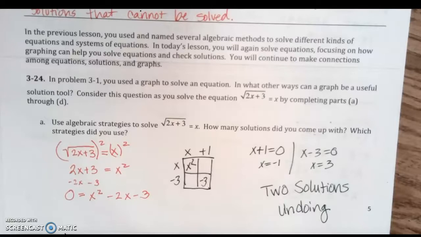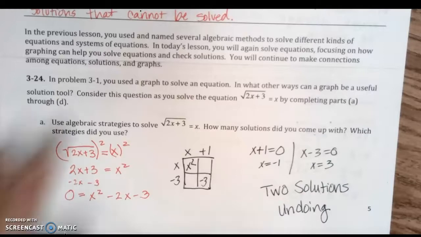So the first thing they want us to do is use algebraic strategies to solve that equation, square root of 2x plus 3 equals x. How many solutions did you come up with, and which strategies did you use?